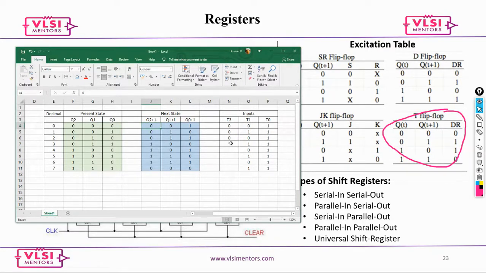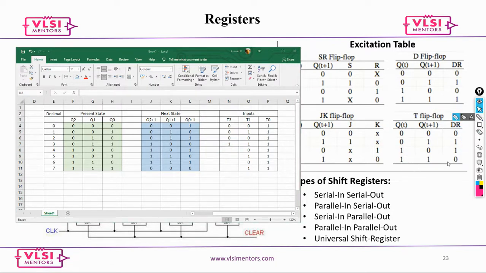Now consider this: here you have a Q2 of 0, and you want the next state of Q2 to be 1, so you have to fill this as a 1. Now look at this: here it is 1, and these three are 1. It's a memory, no?